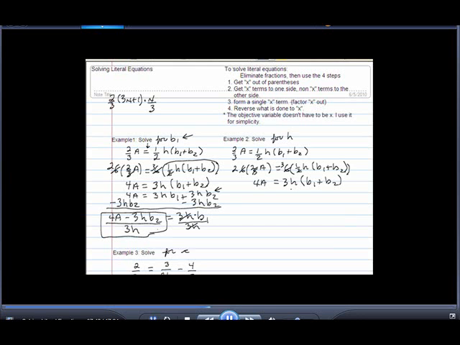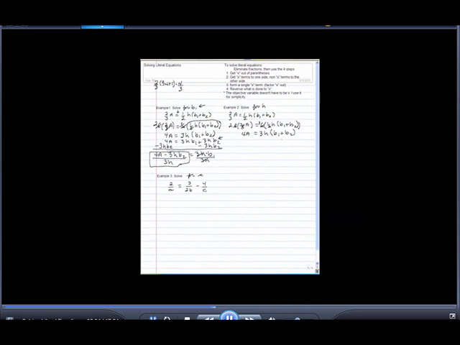But now we're looking for h. h is not in the parentheses, so we do not have to get h out of the parentheses, and I'll tell you now, if you distribute that 3h, you're going to make this problem real hard and probably too hard to solve.